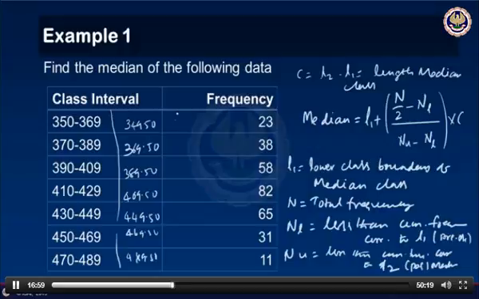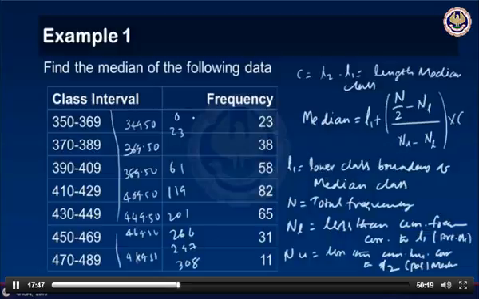First, we assume the first value is 0, and the next one is 0 plus 23, that is 23. 23 plus 38 is 61, and 61 plus 58 is 119. 119 plus 82 is 201, 201 plus 65 is 266, 266 plus 31 is 297, and 297 plus 11 is 308.